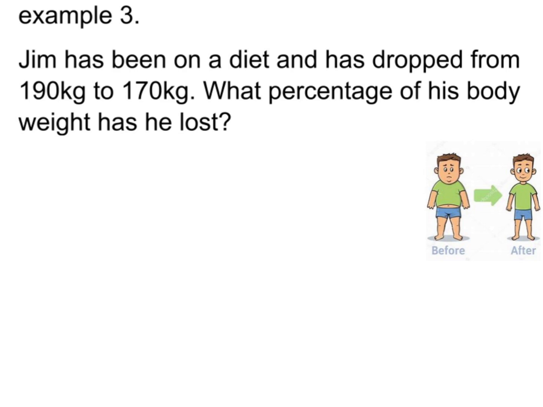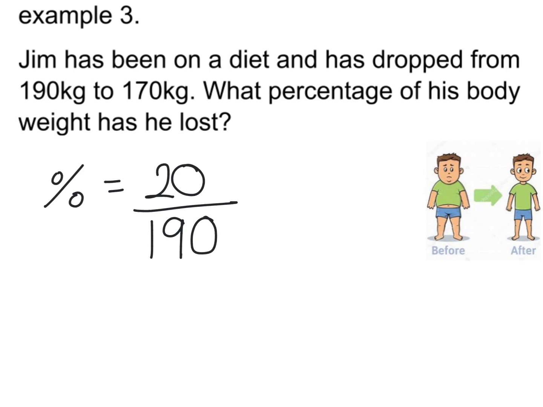Second example, Jim has been on a diet and has dropped from 190 kilograms to 170 kilograms. What percentage of his body weight has he lost? His percentage loss is, well, he's lost 20 kilograms. His original weight was 190. I can't do this without a calculator because with all the love in the world, 2 over 19 is not an easy percentage to do.